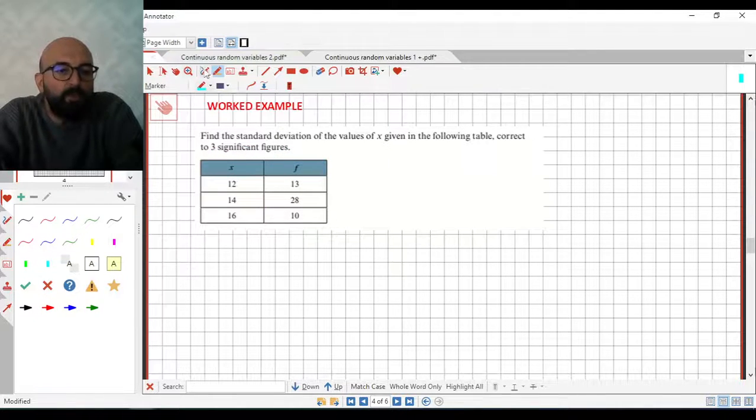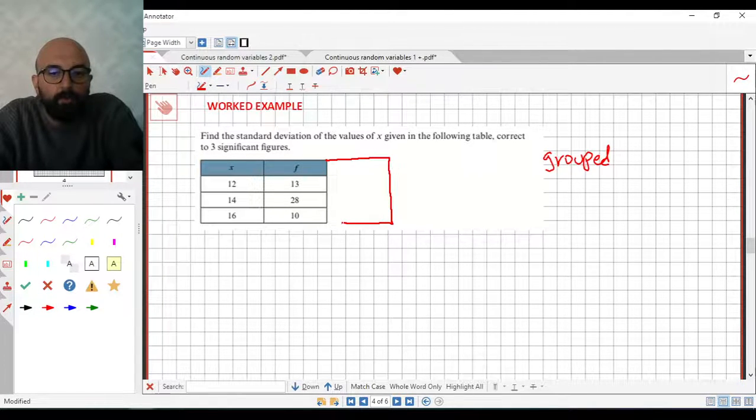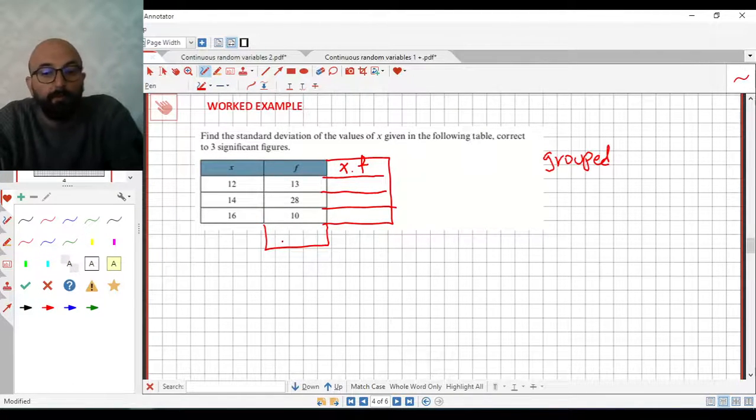Please notice that we have grouped data, so we should compute x multiplied by frequency, and we should compute the sum of frequency.